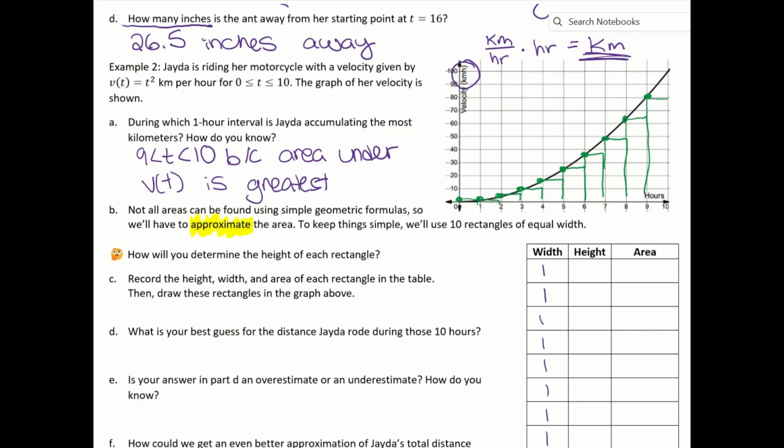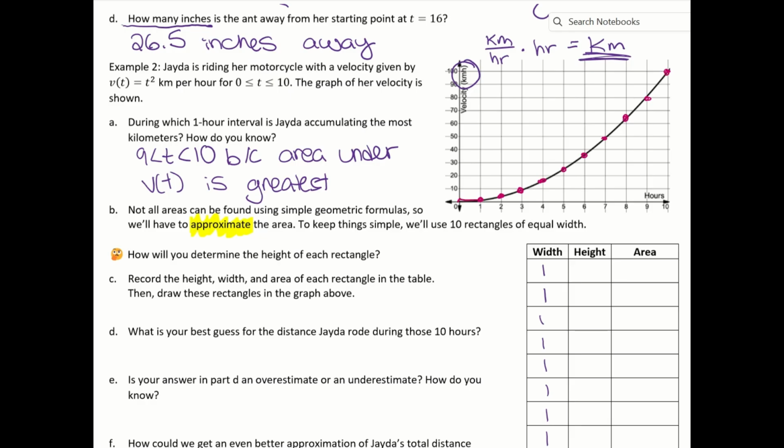But some of you might choose the height of your rectangles by starting at 1 and ending at 10. Instead of going from 0 to 9, you might go from 1 to 10. So yours might look like this. Start at 1 and go to 10.